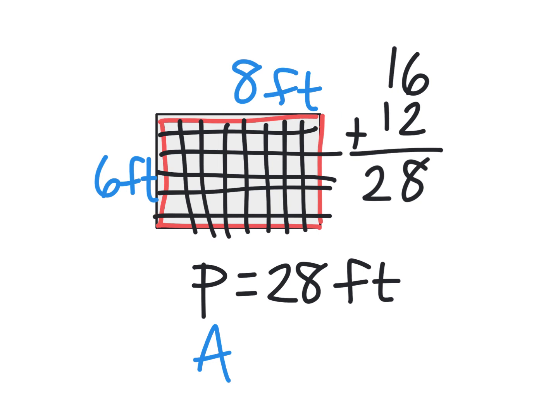And 6 times 8 will give us the total area, which is 48 feet, and this time they're squares. They're not just the red line on the outside, they're this whole square area on the inside. And that's why they have that dimension there.